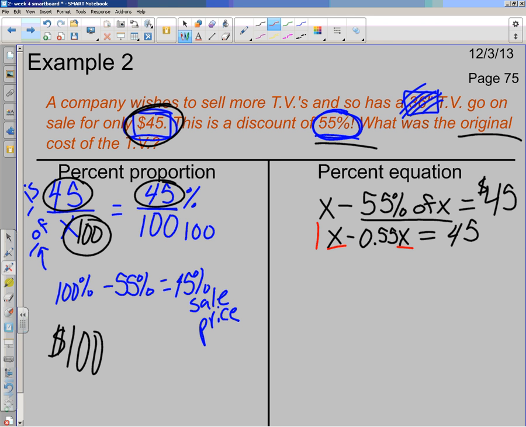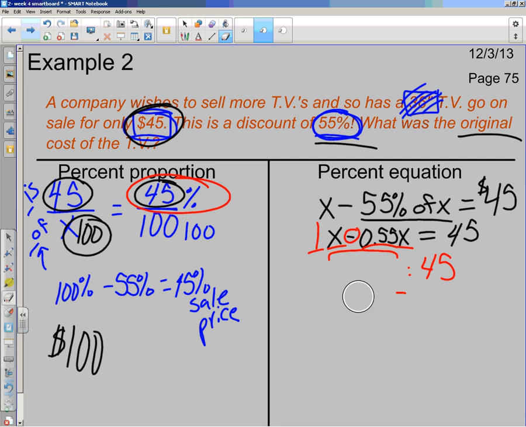So I would do 1 minus 0.55, which leaves me with 0.45x equals 45. Notice that 0.45x is essentially 45% of the original cost of the TV.